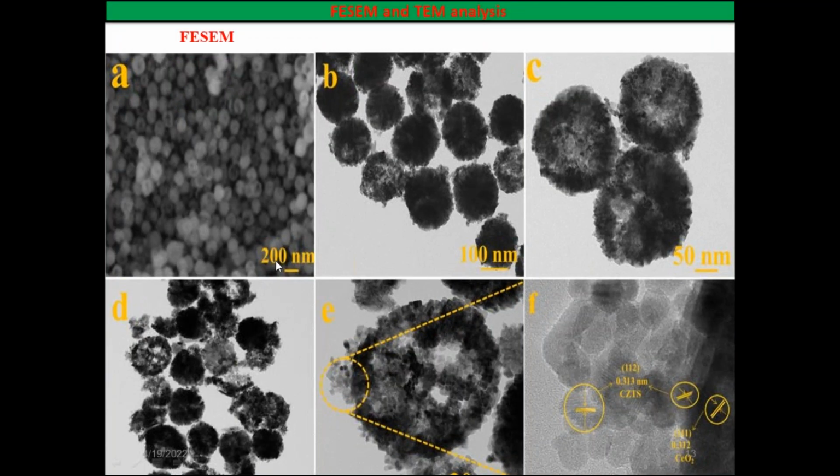In the SEM image, CeO2 exhibits a hollow sphere morphology, and the SEM image clearly reveals that CZTS has a non-uniform spherical morphology, as you can see.